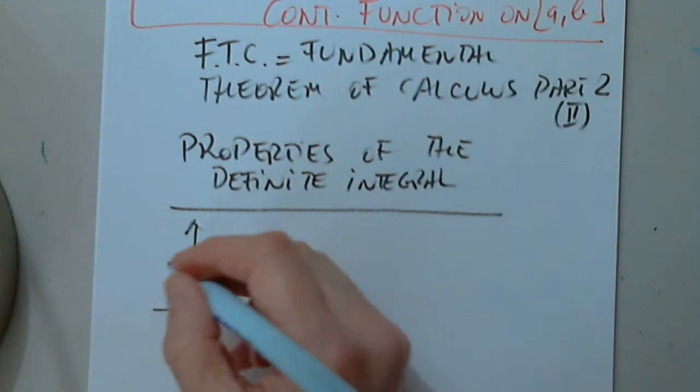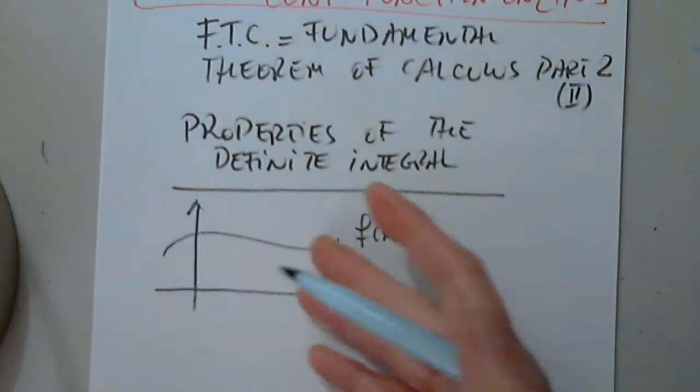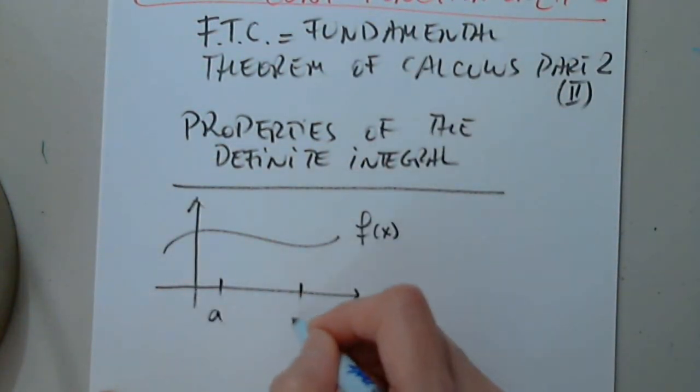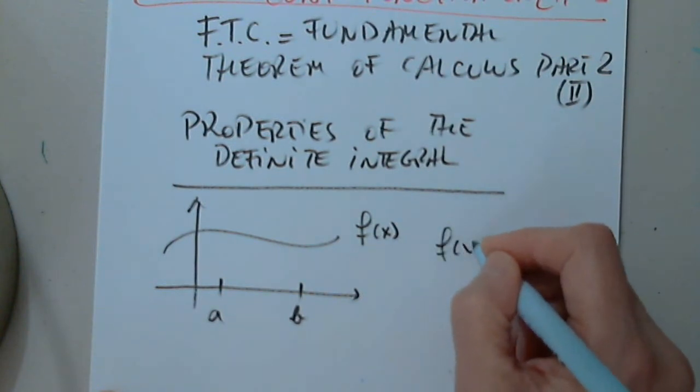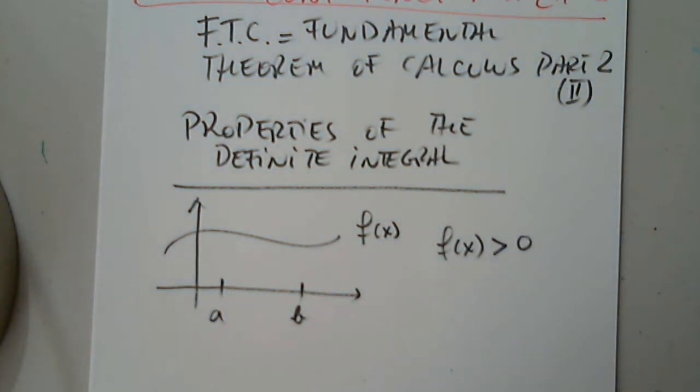Here's one property. Let's say this is a function. The way I graphed it between a and b, would you agree that f of x is a positive number between a and b? Yes.